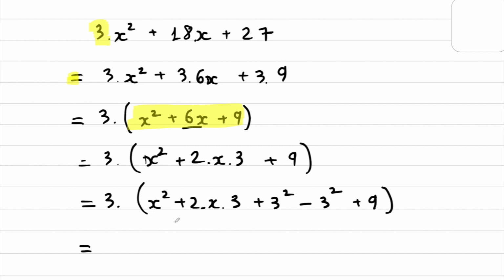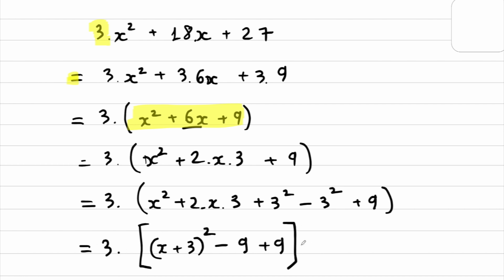The first three terms set up the completing the square, x plus 3 squared, and the outside is minus 9 and plus 9. But you have to write down 3, the common factor, outside the square bracket like this. Minus 9 plus 9 equals 0.